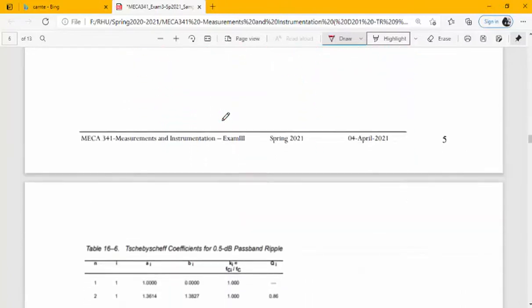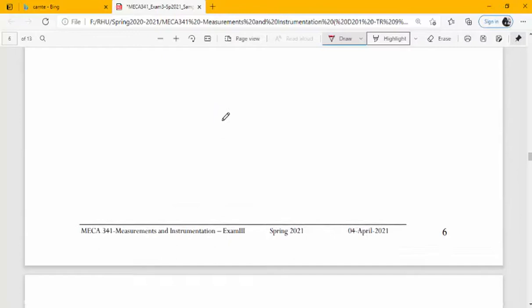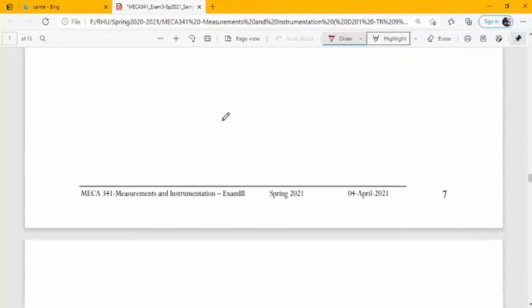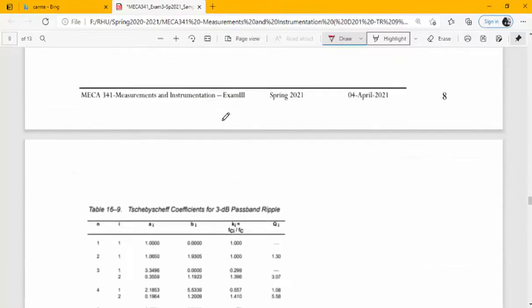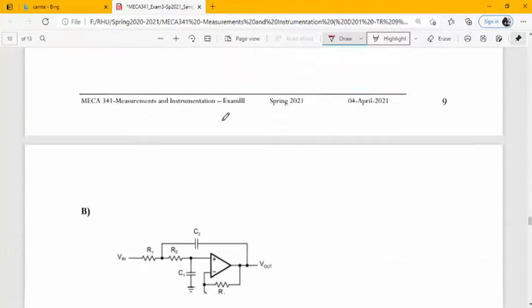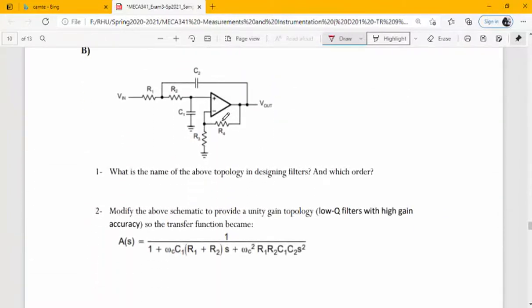Now let's move forward. Now we are asked in this part, what is the name of the above topology? We are given this filter. What is the name of this topology, and which order?